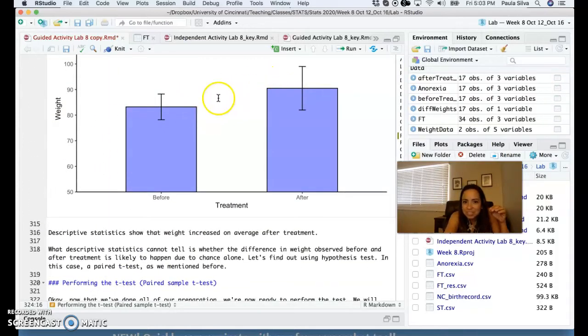This difference. What's the probability of observing this difference here from 85 pounds all the way up to 90-something pounds if treatment has no effect? If the probability of observing this just by chance is very small, then we say maybe we should reject the null, that the difference is 0, right?